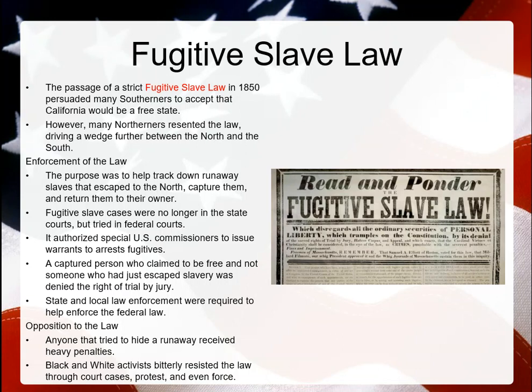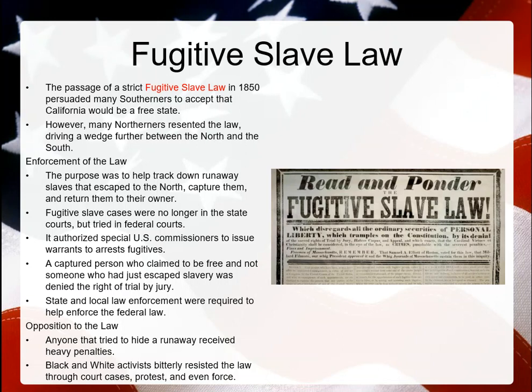So if your state wasn't prone to slavery, you couldn't try it in a state court. You had to go all the way to the federal court, which was taking power away from states, and the South is usually for power to the states, except in this case. It authorized special U.S. commissioners to issue warrants to arrest fugitives.